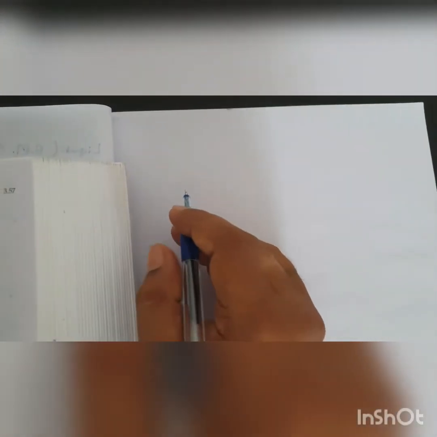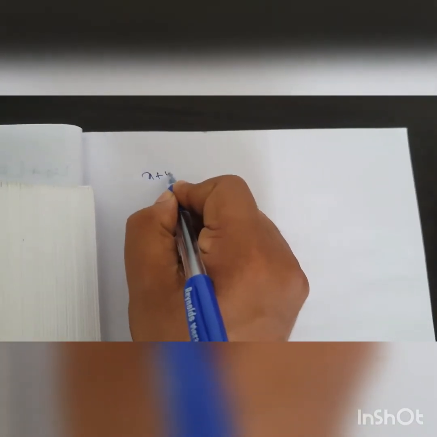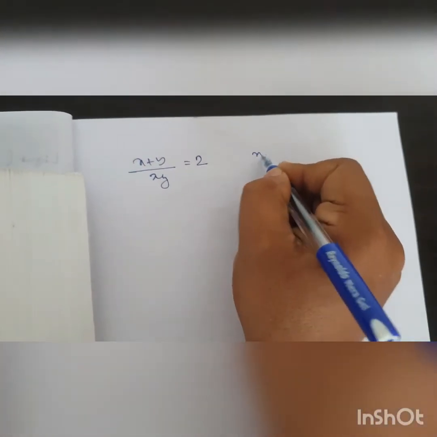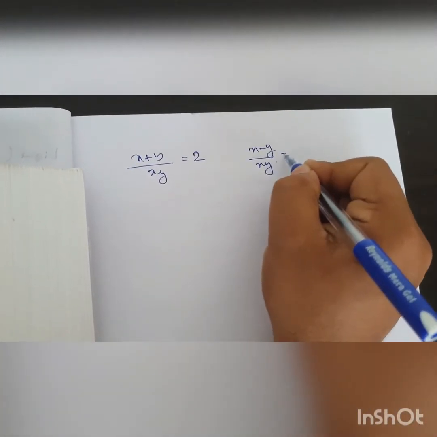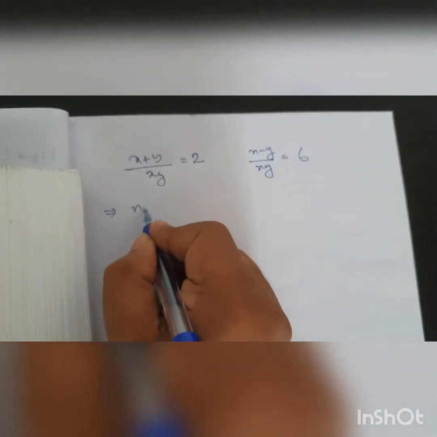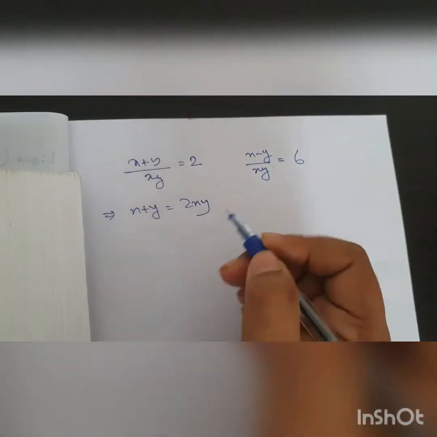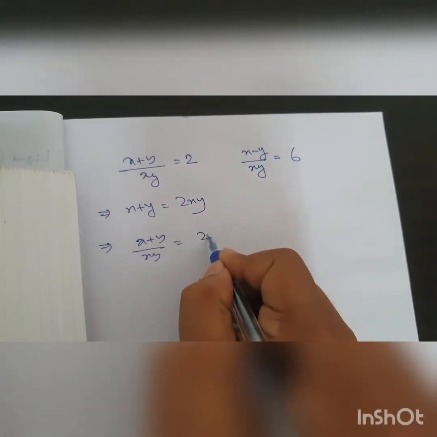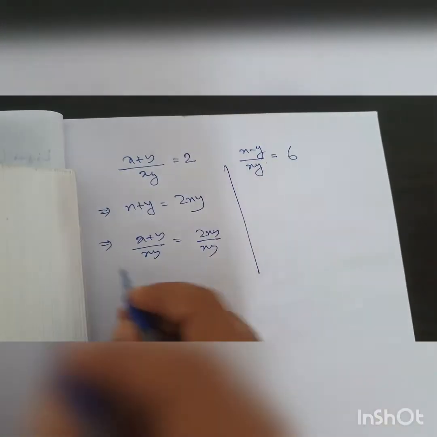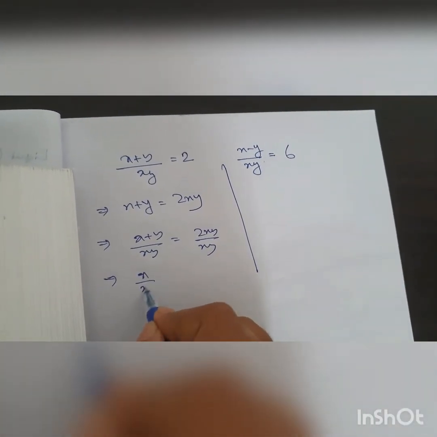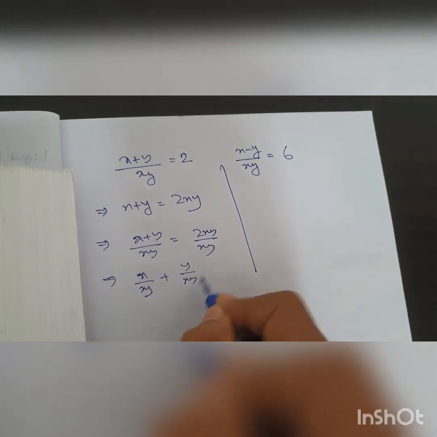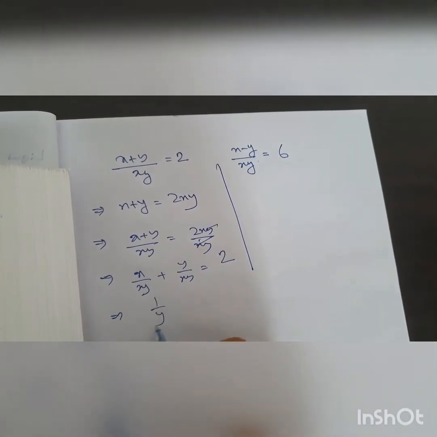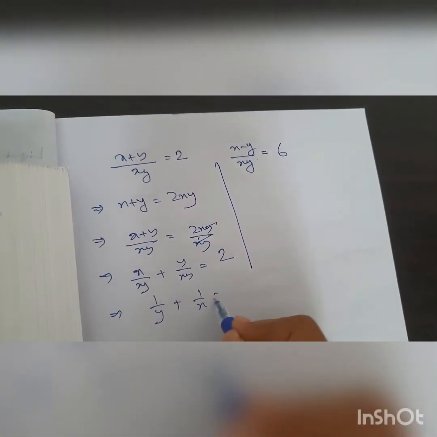Suppose I give you an example of one complicated sum, like for example, if anyone gives you (x plus y) by xy is equal to 2, and (x minus y) by xy is equal to 6, then you will get x plus y is equal to 2xy here, and if you divide by xy, then you will get x by xy plus y by xy is equal to 2. The xy cancels, so x cancels, you will get 1 by y, and y cancels, you will get 1 by x is equal to 2.